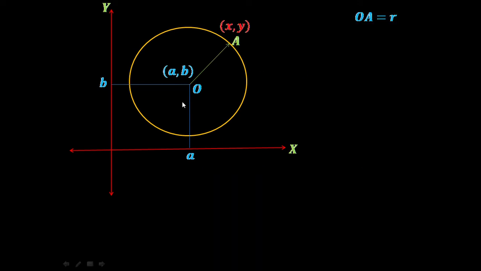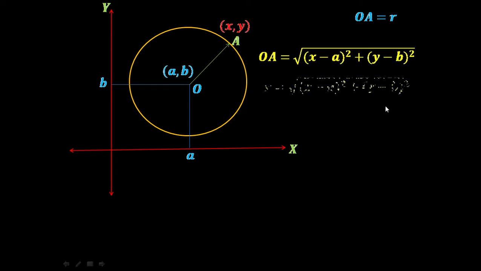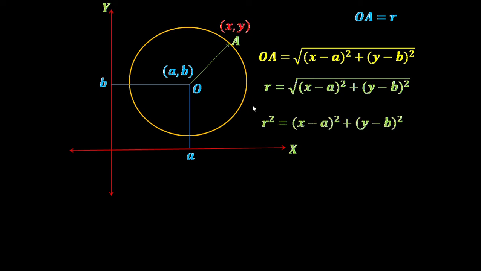Now if we apply the distance formula here to find OA, then we can write OA equals the square root of (x minus a) whole square plus (y minus b) whole square. In place of OA, we are writing r, and then if we square both sides, it will become r square equals (x minus a) whole square plus (y minus b) whole square. Now let us expand this (x minus a) whole square and (y minus b) whole square.